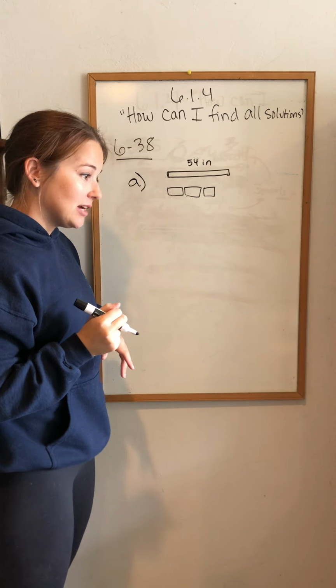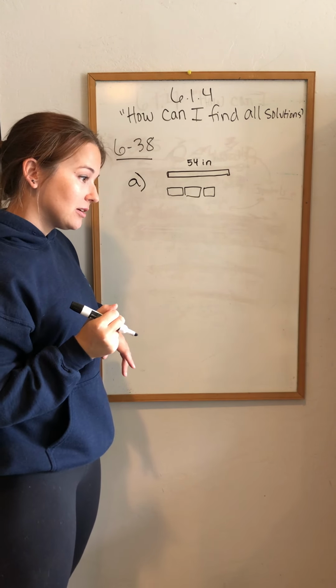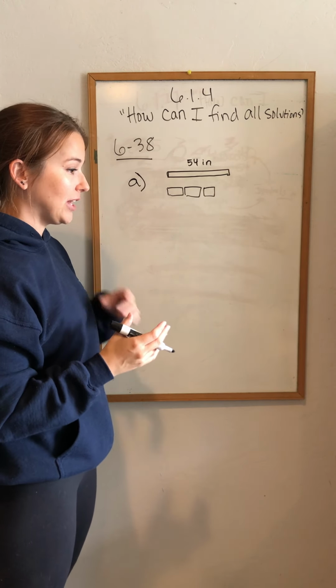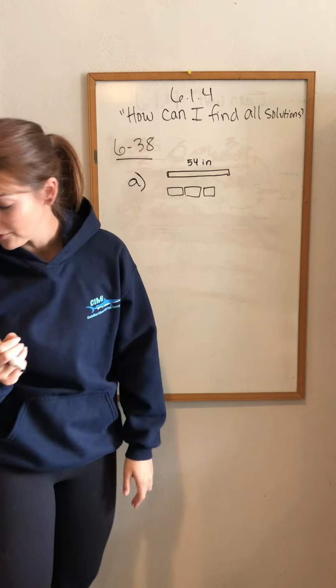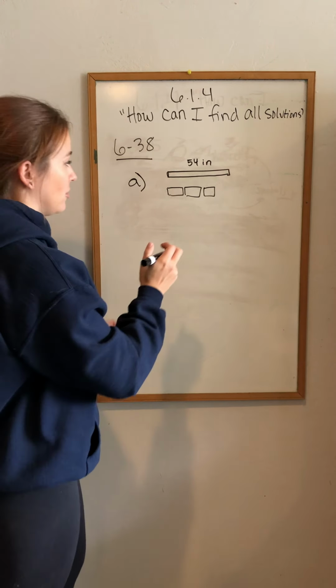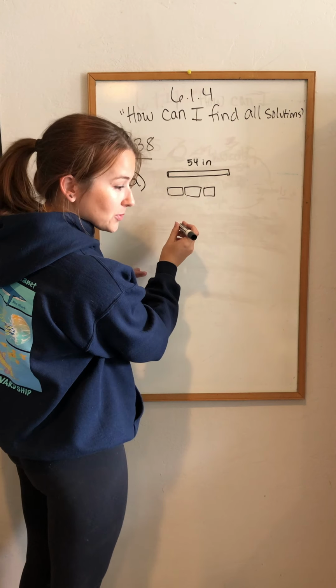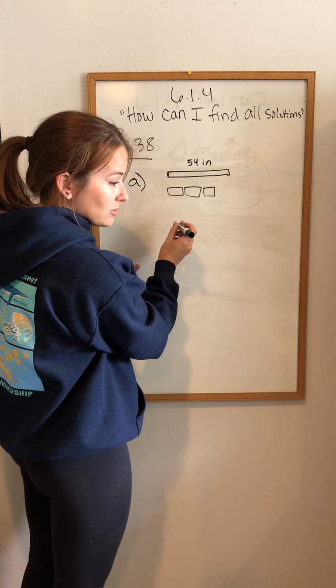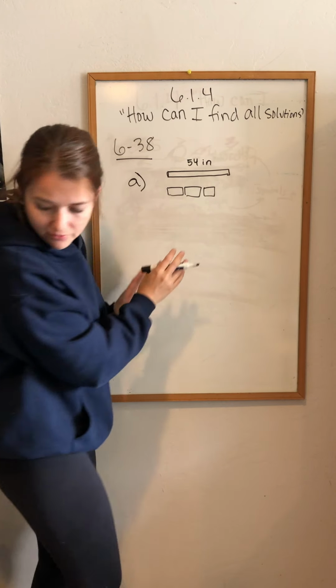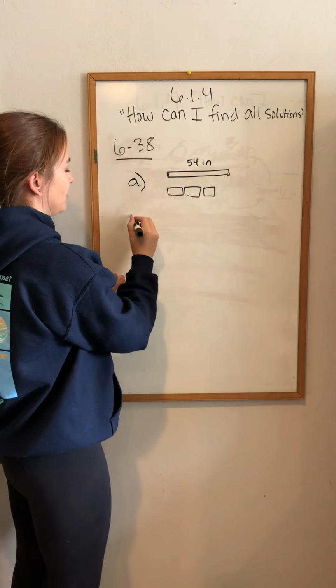And then she put her ruler end to end, and the total length was still less than the 54-inch board. So here's what I'm going to do first. That's good for A. Let's move on to B.